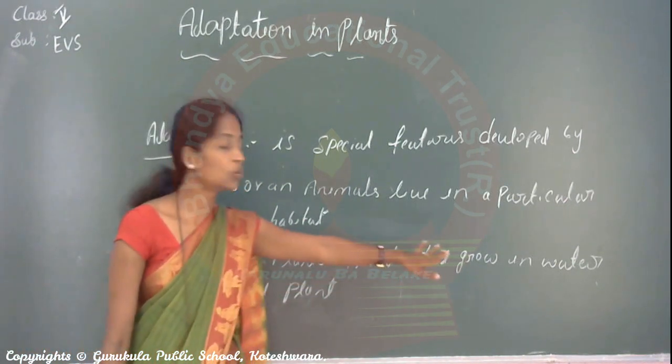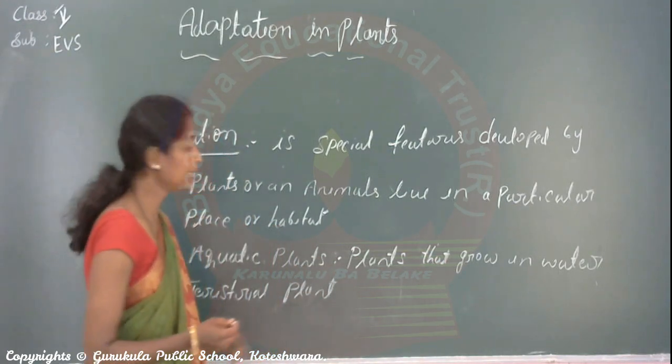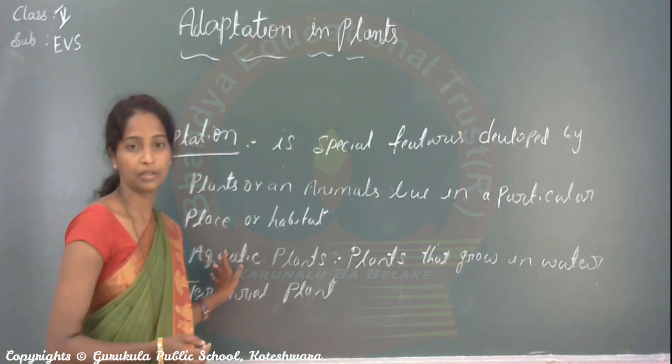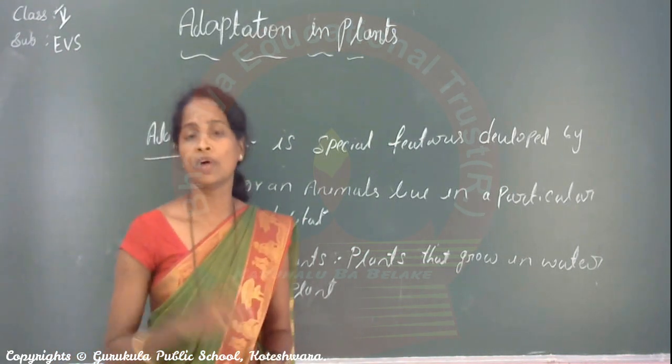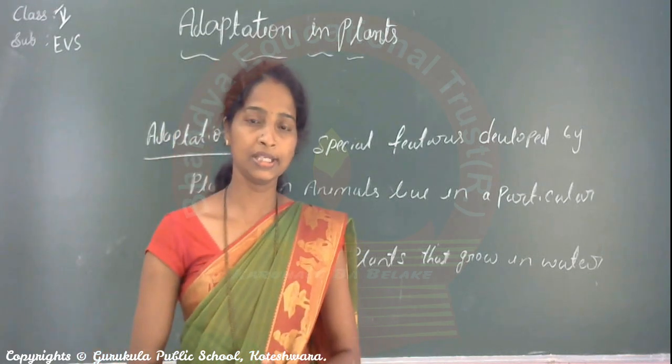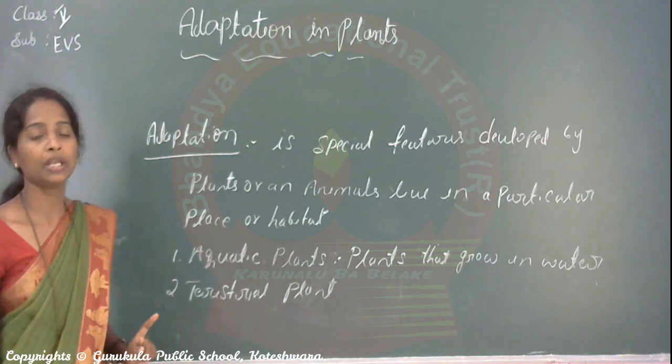Plants that grow in water are called aquatic plants. We can see three types of aquatic plants. There are three types of aquatic plants.